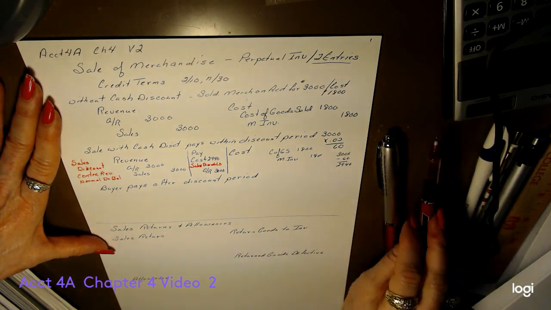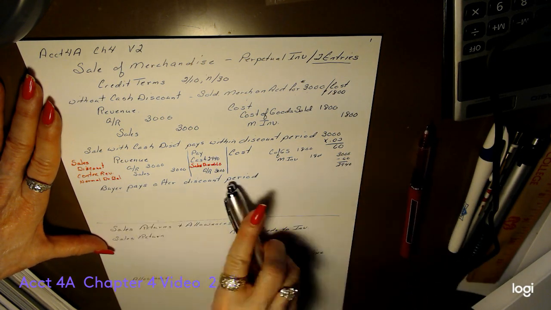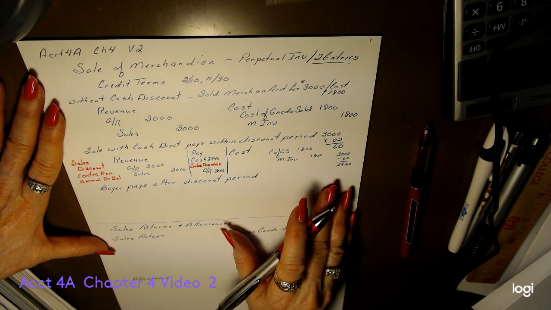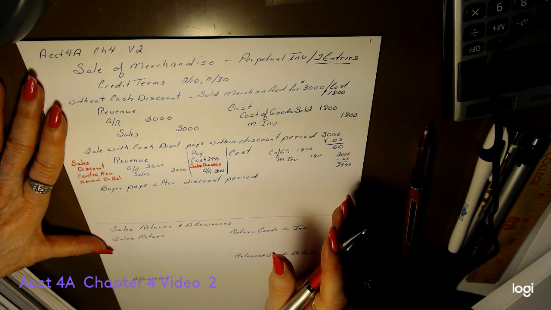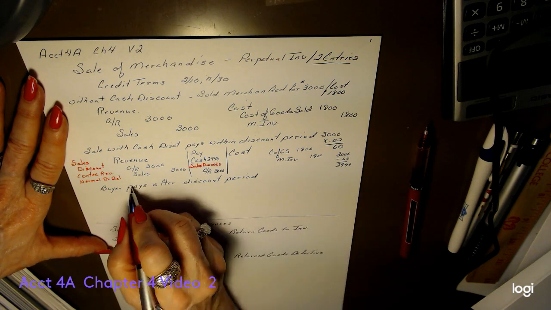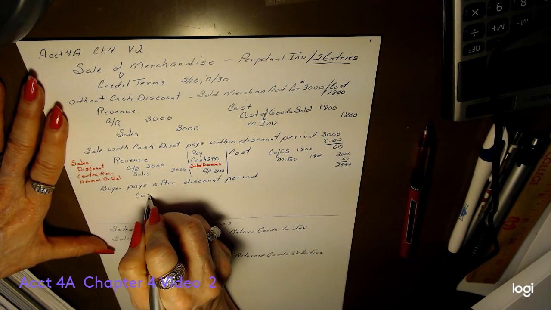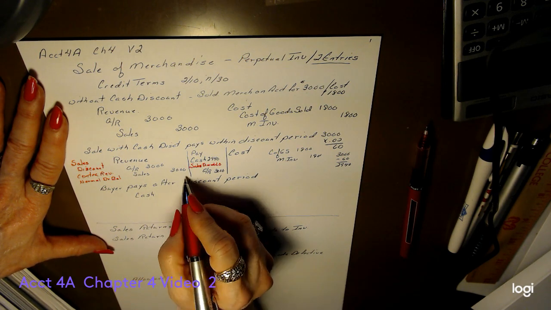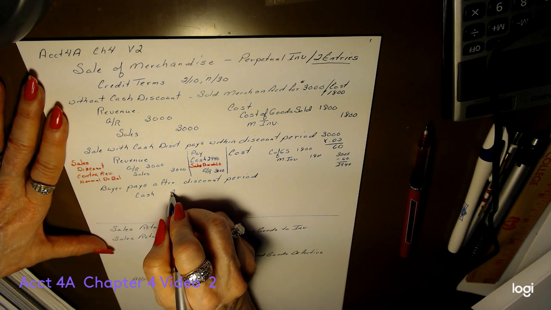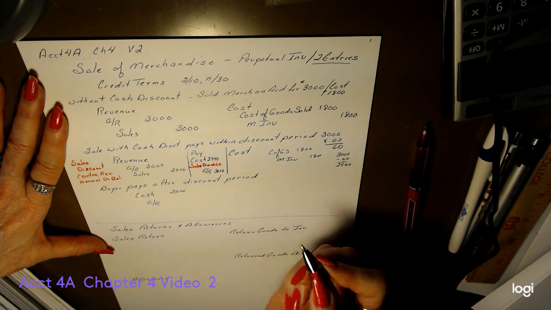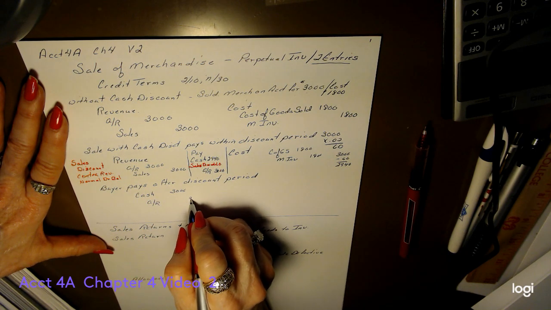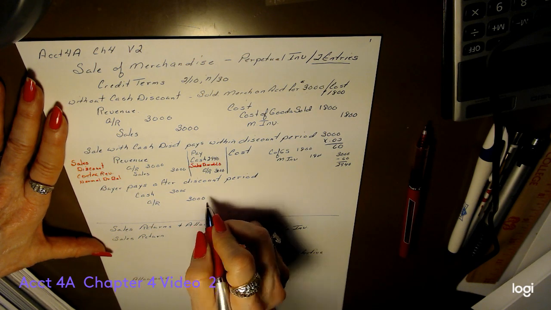If the buyer pays after the discount period, then it's just going to be our regular old cash debited for $3,000, and accounts receivable will then be credited for $3,000.